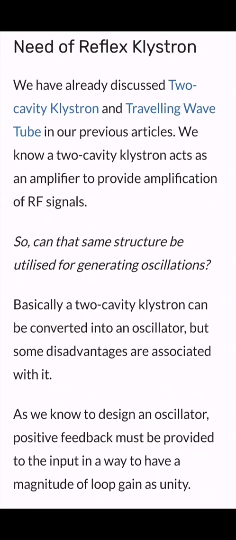But the problem with the two cavity klystron is that we cannot use it for generating oscillations, because basically a two cavity klystron can be converted into an oscillator, but some disadvantages are associated with it. As we know, to design an oscillator, positive feedback must be provided to the input in a way to have a magnitude of loop gain as unity.